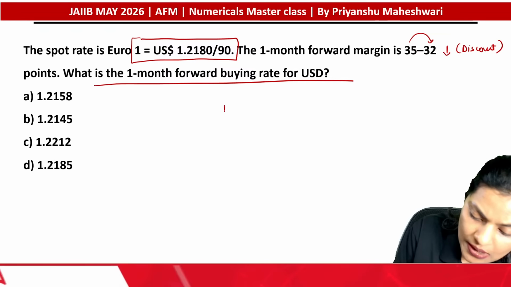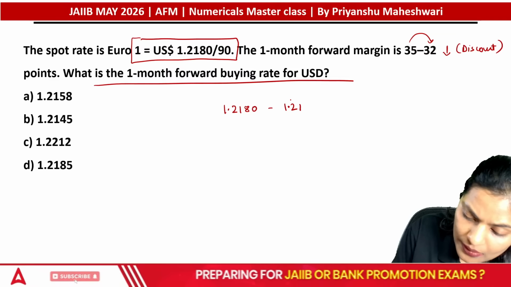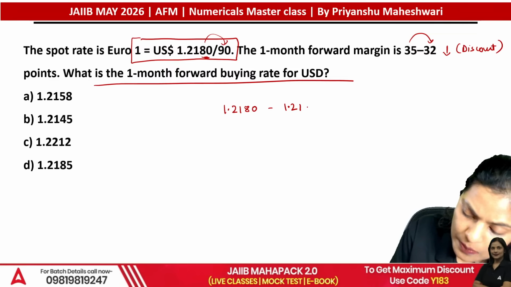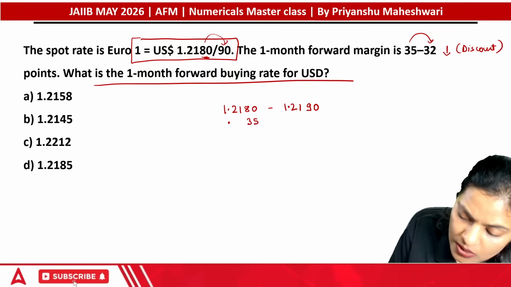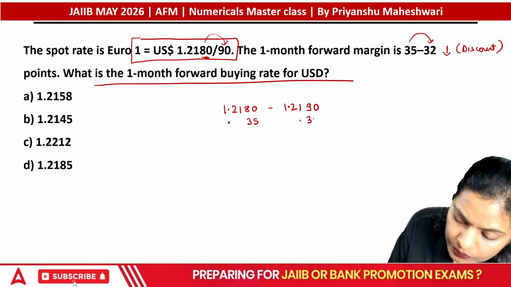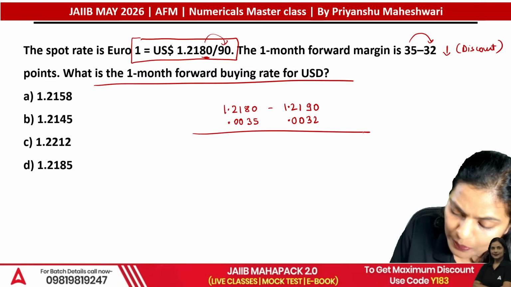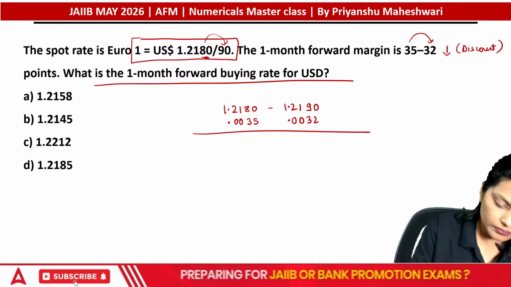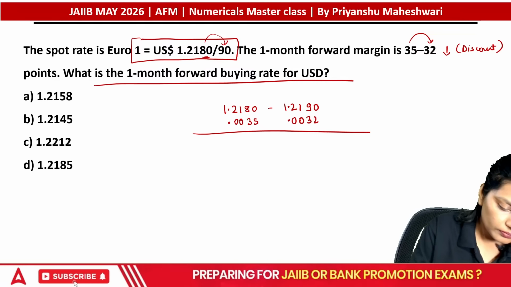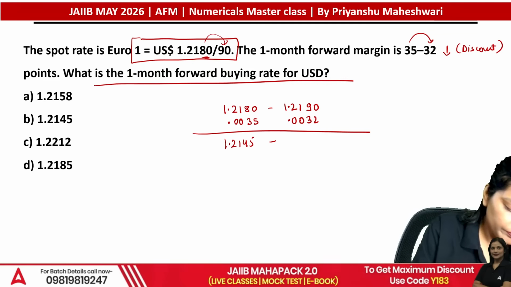Now, if it is at discount, 1.2180, 1.21, the last digit is represented by 90. Now, just write your digits over here and put 0. Start from the reverse order. पीछे से शुरू करना. You have the answers. $1.2145.